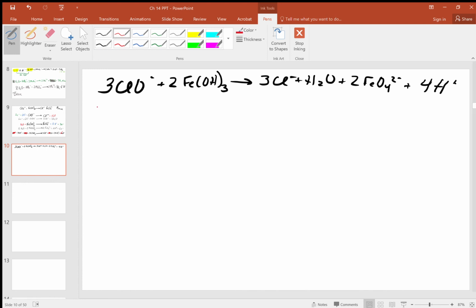So if we were balancing this one under acidic conditions, at this point we would be done. Under basic conditions though, recall we're going to add 4 hydroxide to offset the 4H⁺ to each side. So that's 4 hydroxide plus what's already on the starting material side.